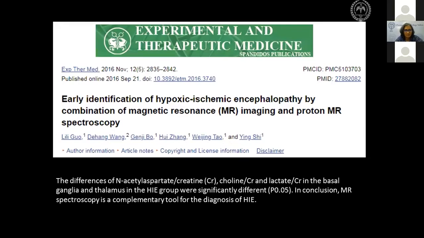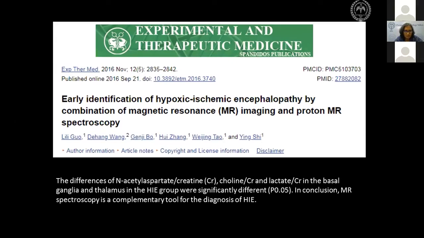This is a study from 2016, but it found that definitely MRS had a role, and there are some pitfalls when you interpret MRS in the neonate, because normally we see a higher NAA peak in an adult, but in neonates it's known that NAA will be lower. So in hypoxic ischemic encephalopathy, this NAA level can be even lower and a lactate peak can be seen.